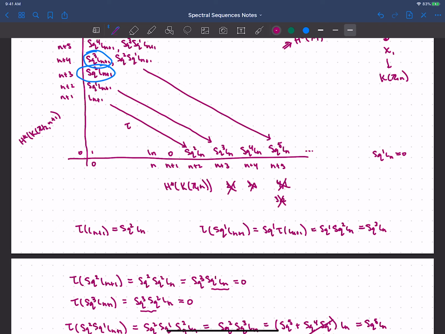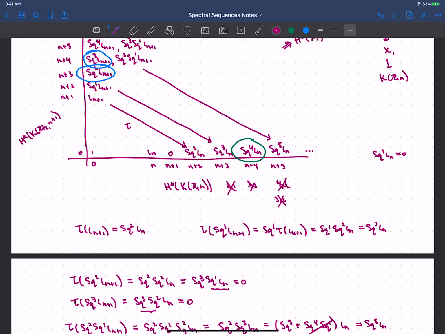And so that's part of why I'm not going to take this much further, but I wanted to give you kind of the tools, at least to get started, or to sit down and read this part of Mosher and Tangora if you're interested. Let me point out that already from this, nothing can come and hit Sq4 iota n. So that's going to be something in the cokernel of the transgression.